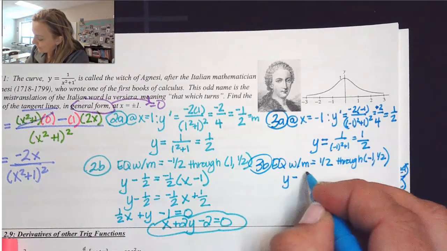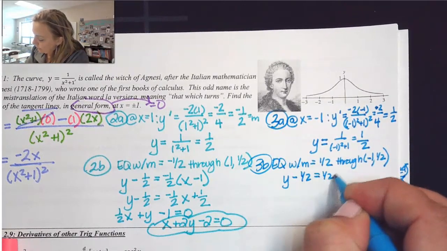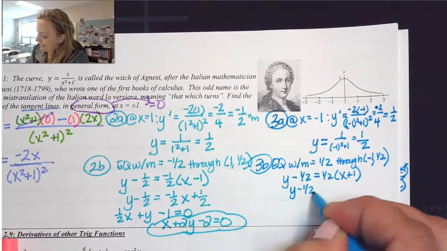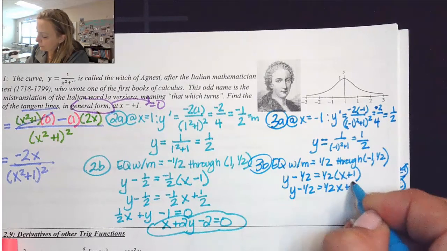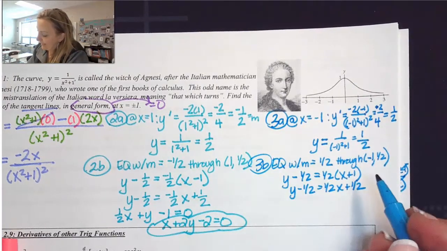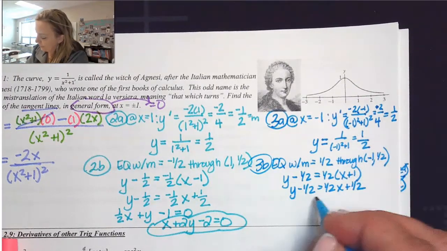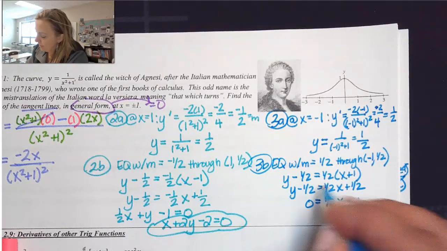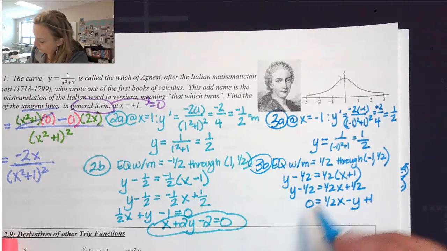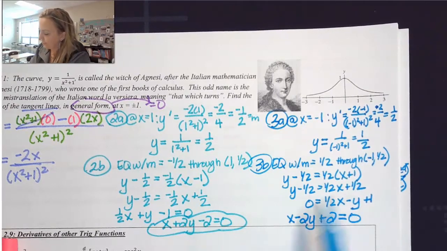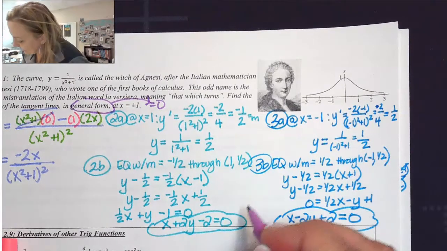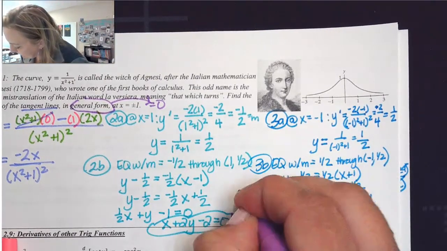So y minus 1/2 equals 1/2 times x plus 1 in point slope form. And then I can distribute and get one side equal to 0. I always like the x term to be positive. And then I'll multiply by 2 to clear all the fractions. And again, I just did that because it did ask for general form.